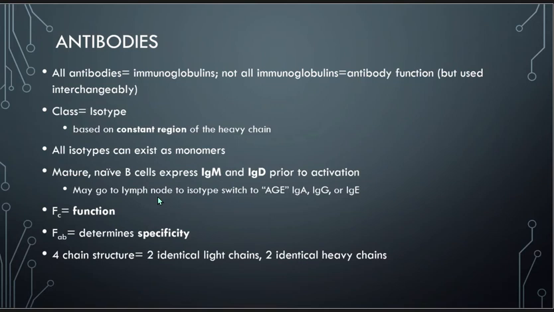Sometimes they show up simultaneously on the surface of these B cells prior to activation, but then once they go to the lymph node and once they have exposure to the antigen and interact with other immune cells to undergo the isotype switch, they can switch to IgA, IgG, or IgE, and that, like we'll see in just a second.